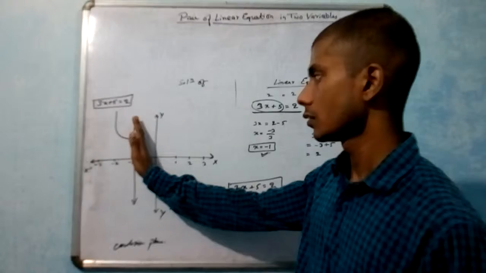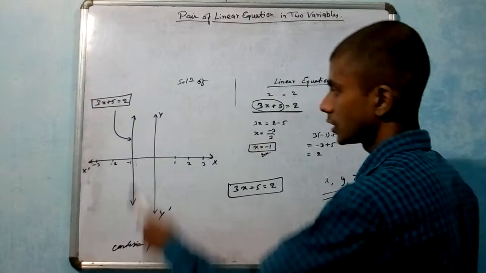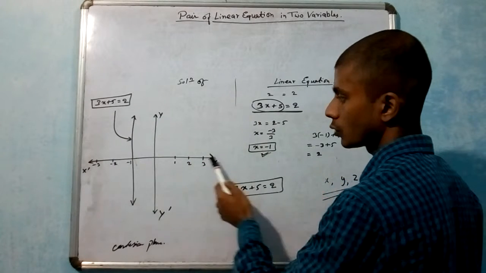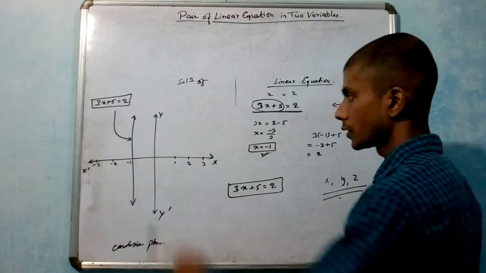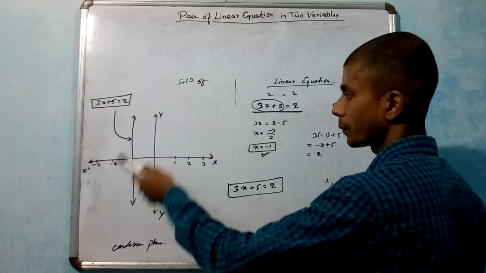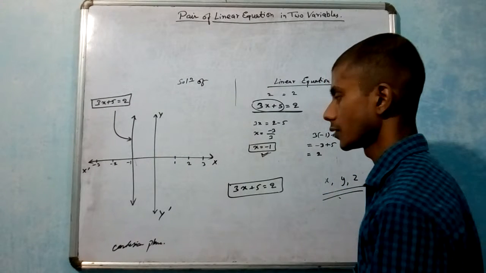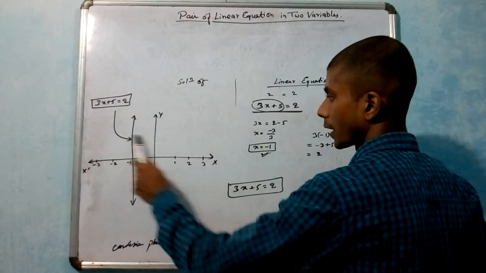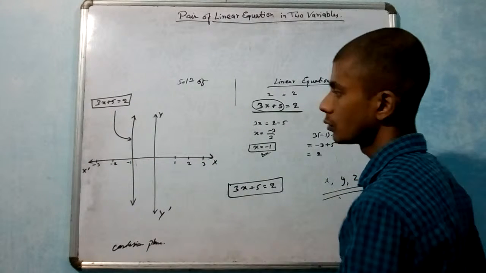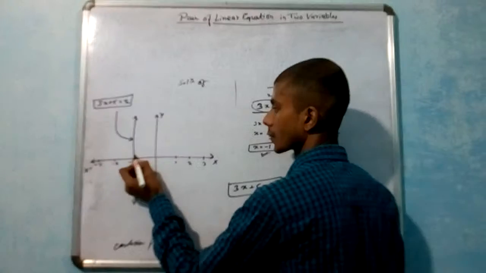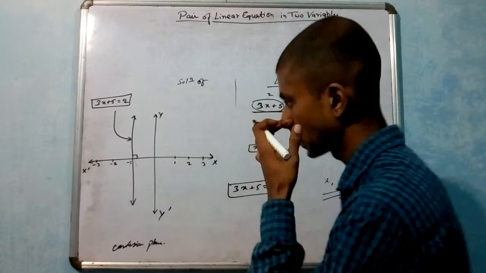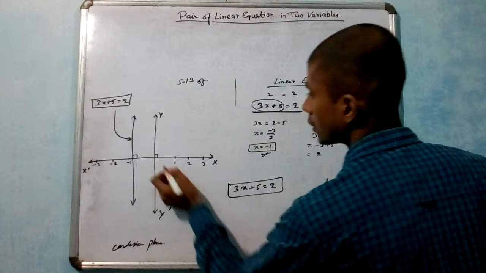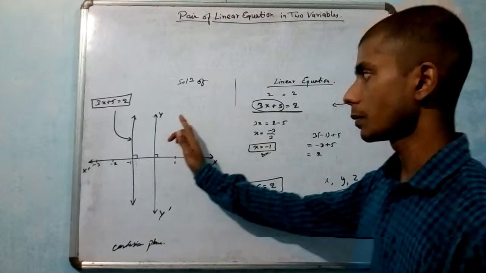See this line 3x plus 5 is equal to 2: this straight line is parallel to the y-axis, perpendicular to the x-axis. If any other line is parallel to the x-axis, it will be perpendicular to the y-axis. It's a common thing: since the x-axis and y-axis are perpendicular, if any line is parallel to one axis, it will be perpendicular to the other.